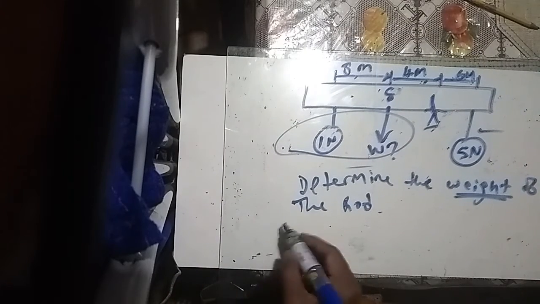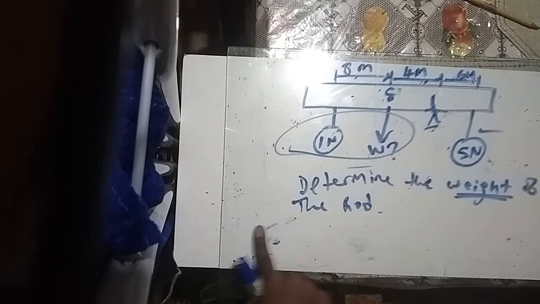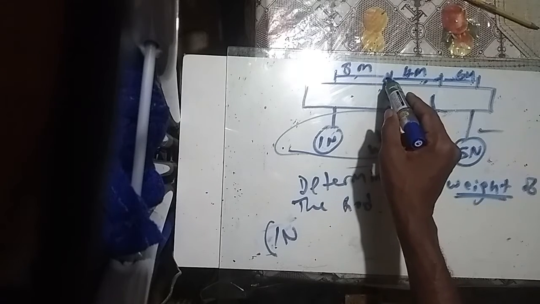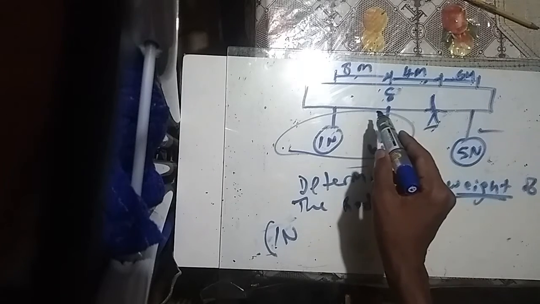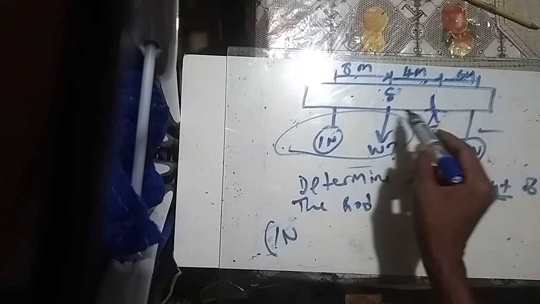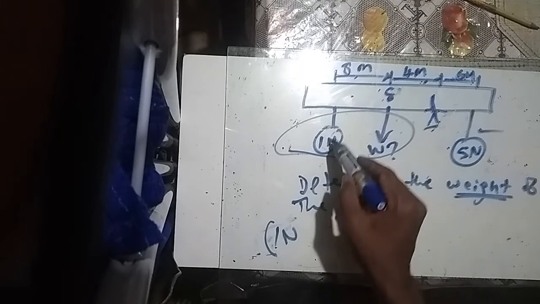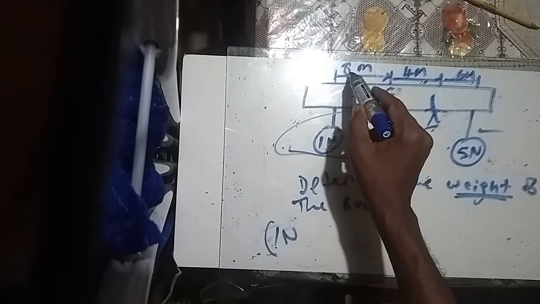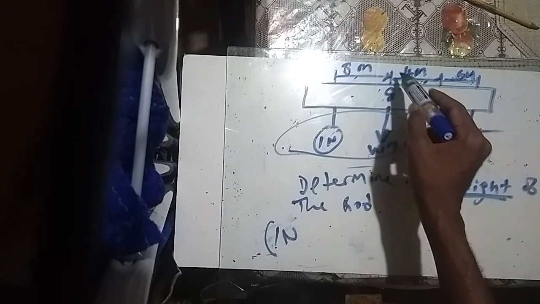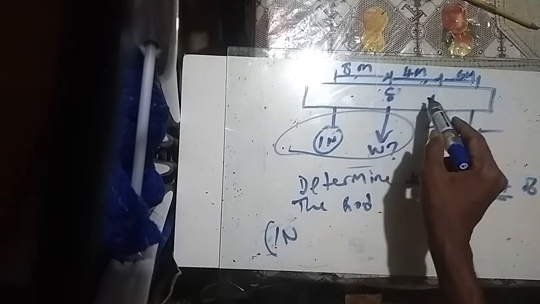So I know that my 1 Newton force is a certain distance from the pivot. Is it 8 meters away from the pivot? No. If you stop at 8 meters, you will never reach the pivot, because the pivot is there. The total distance of this 1 Newton force from the pivot is the 8 meters plus the 4 meters, which is also the distance from the center of gravity.